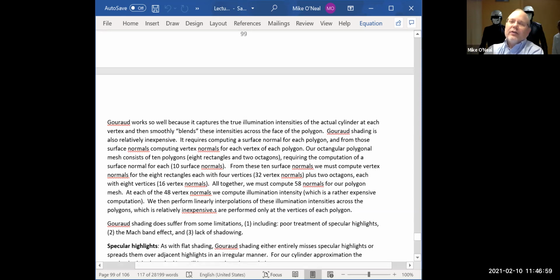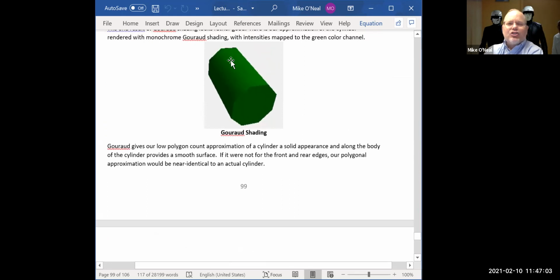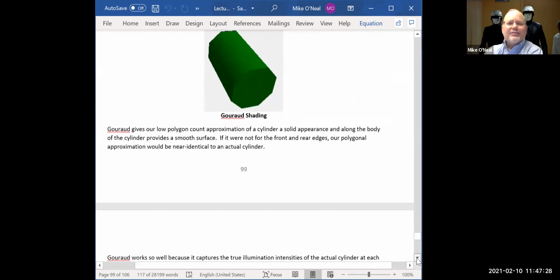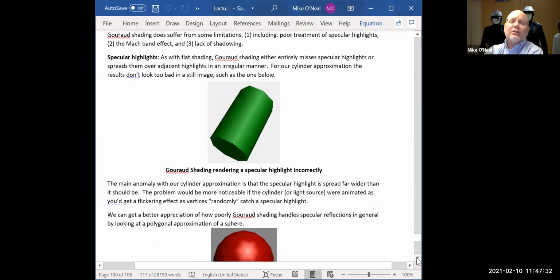There is no edge here per se, but because we're doing linear interpolations, the rate of change in color here is different than the rate of change in color here, and your brain says, there's a rate of change here, so there must be an edge there. Our brains are kind of cool. I like my brain. I would be lost without it.